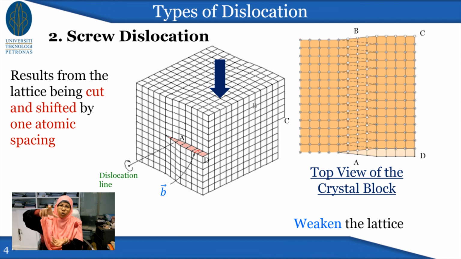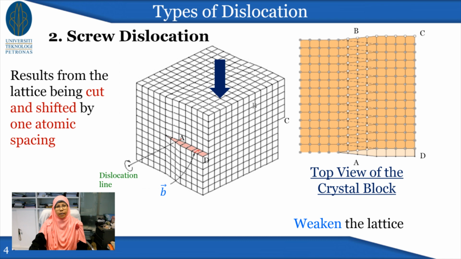You push the top part to the back and the bottom part to the front. So you shear it, and what happens is that you're going to create a screw dislocation. All the atoms along this line here, shown over here, will be connecting all the atoms that are being displaced because of your action shearing the block, right?